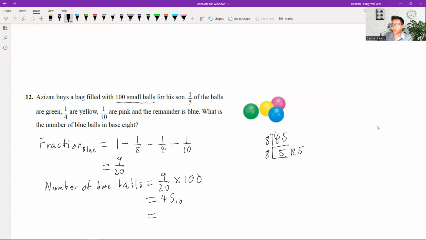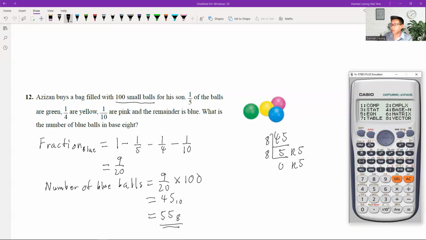Divide by 8, 0 remainder 5. So 55 in base 8. Or if you don't want to convert manually, you can use your calculator to do so as well. See, decimal 45, octal 55.